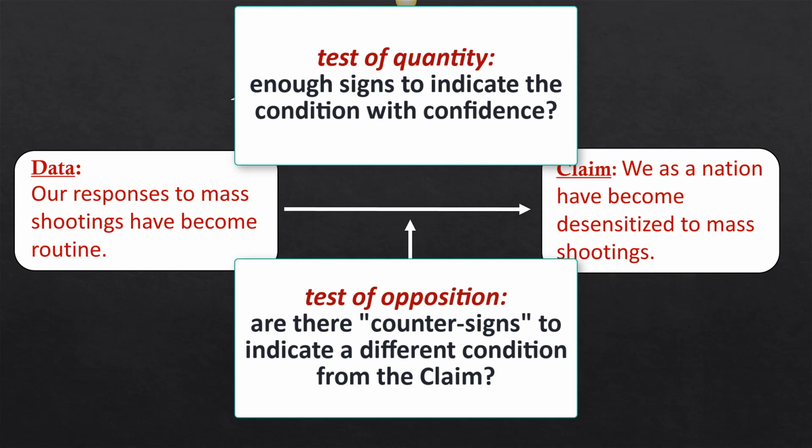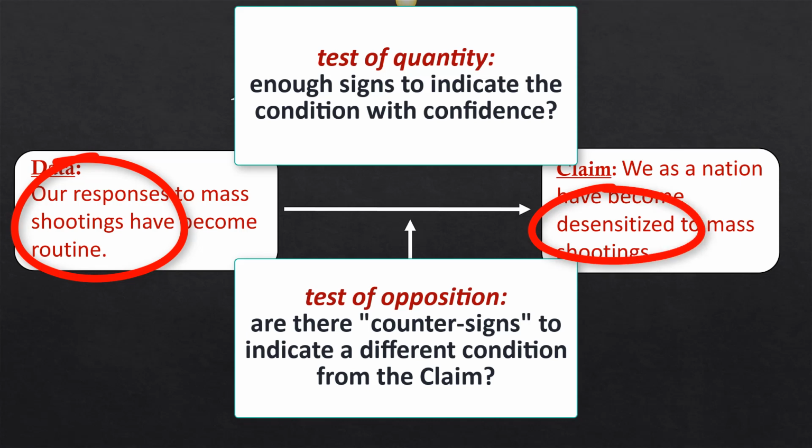What might be a little bit simpler, just by looking at the symptoms and drawing a conclusion, is how we assess the test of quantity. So we observe that we're engaged in routine patterned responses to this kind of event. Does that necessarily indicate the presence of a numb or desensitized emotional condition?